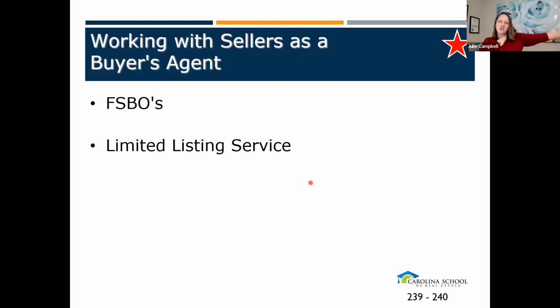Remember, we looked at our protection agreement last night: if they do agree to pay me, that sounds nice, but I need you to sign this form officially agreeing to pay me. If the seller won't pay, then the buyer does. That's what our buyer's agency agreement says. It says I will always ask the seller to pay me first.